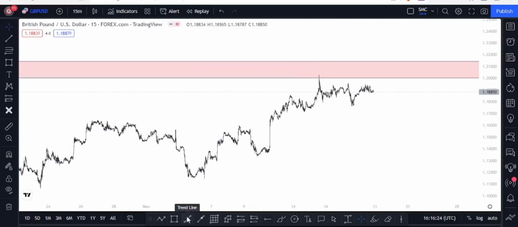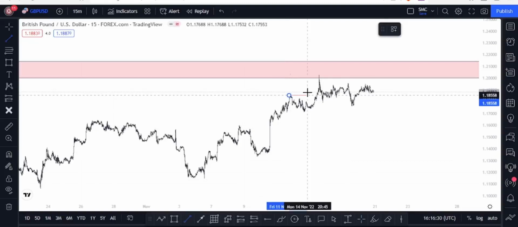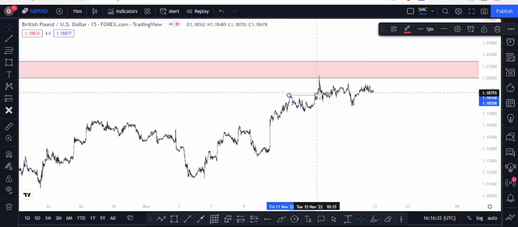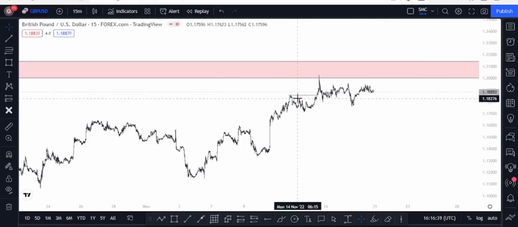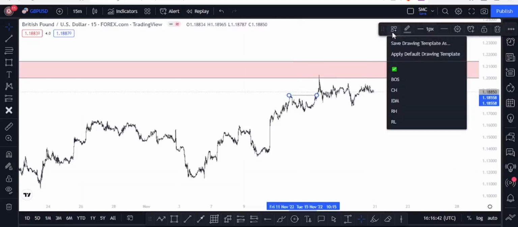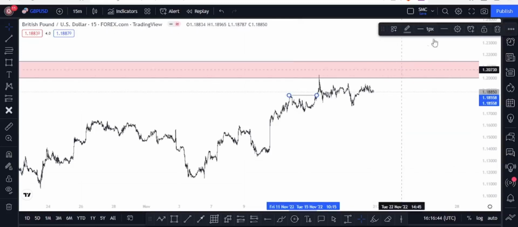This is clear enough. I'm not going to go back and tell you every inch of movement of price, but here there is a break of structure. This is a break of structure, guys. I want you to understand that.